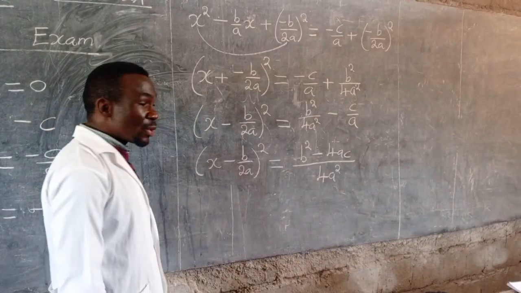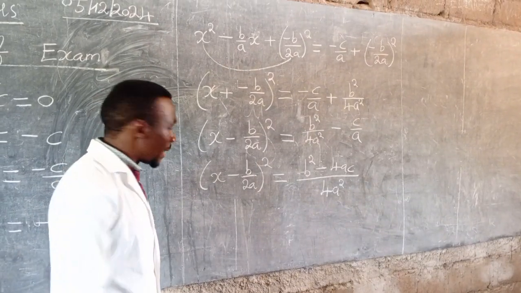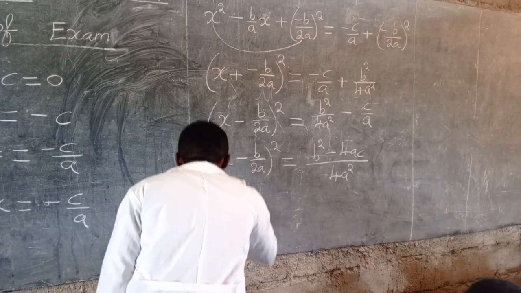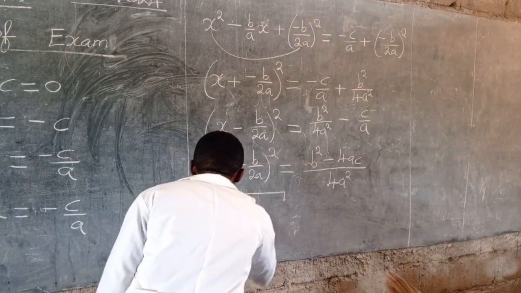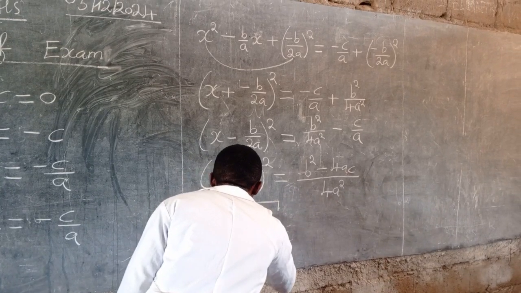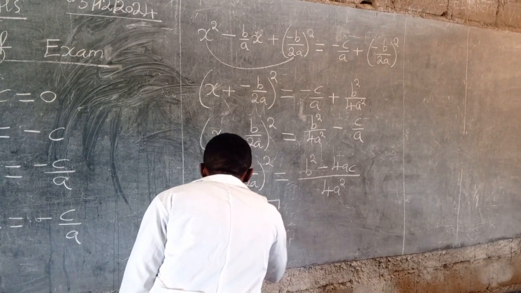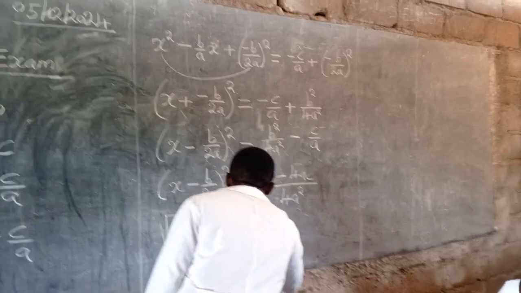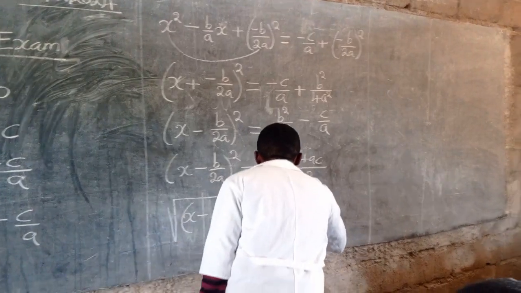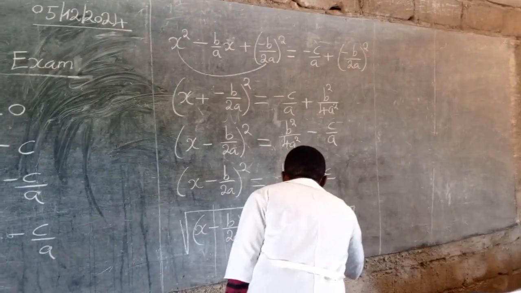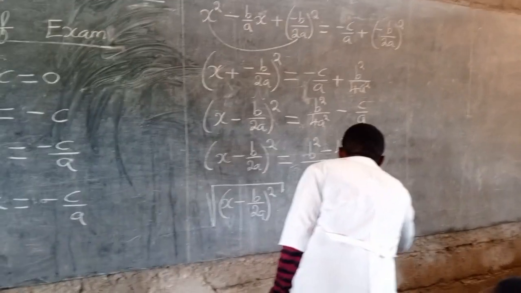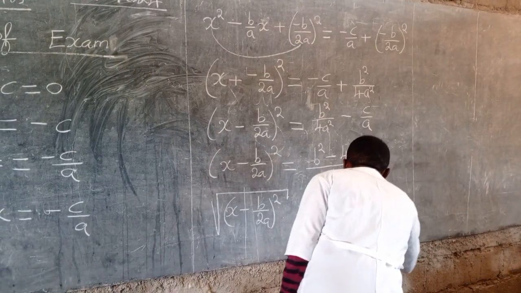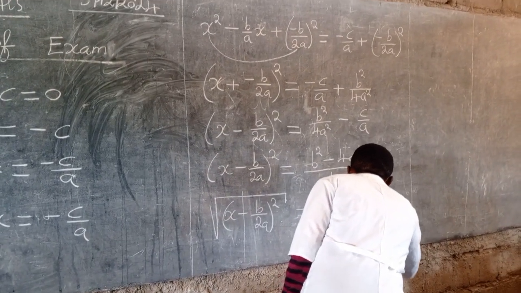The next step, we are going to take square roots on both sides. We take the square root of x minus b on 2a, all this squared, is equal to the square root of b squared minus 4ac on 4a squared.